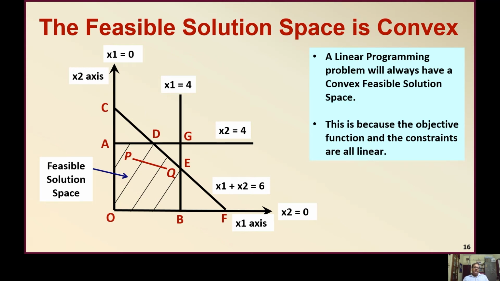You just take 2 points, P and Q, any 2 points within the solution space, join them by a straight line and see that this particular straight line will be completely within the solution space. Right. So that is what we have already understood.